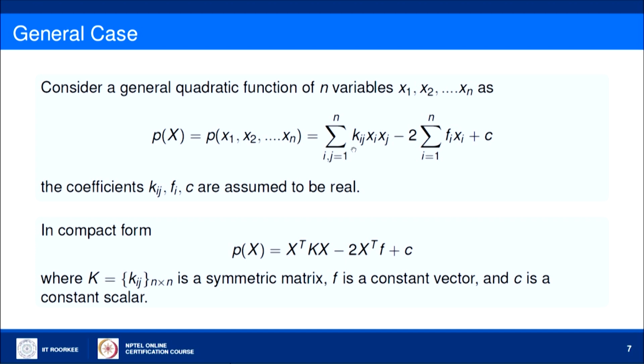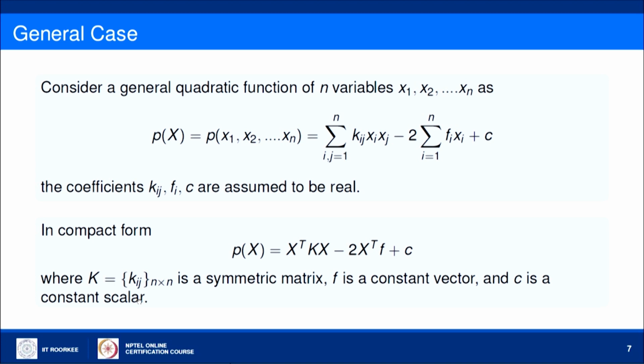So, in compact form, this general quadratic function can be written using matrix notation as x transpose K x minus 2 times x transpose f plus c, where K is a symmetric matrix, f is a constant vector and c is a constant scalar.